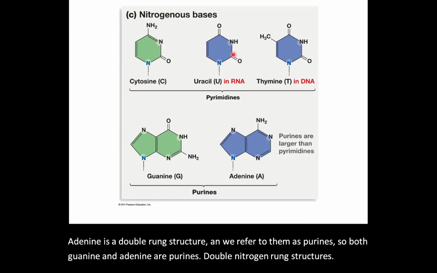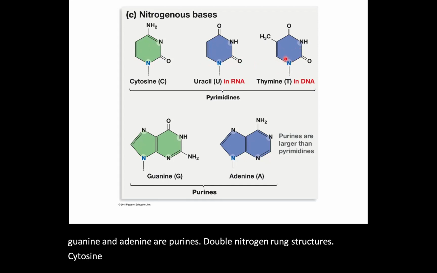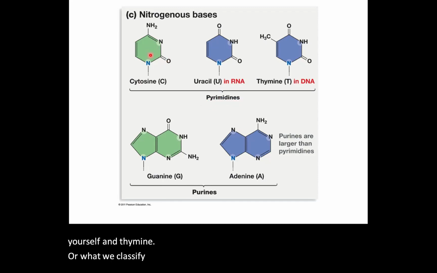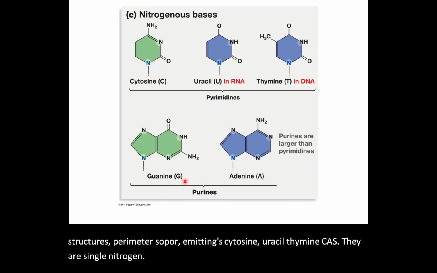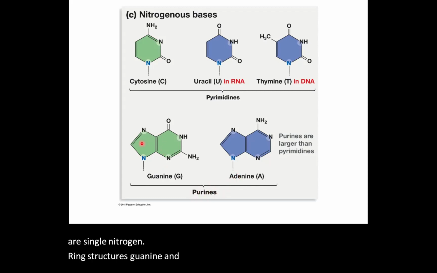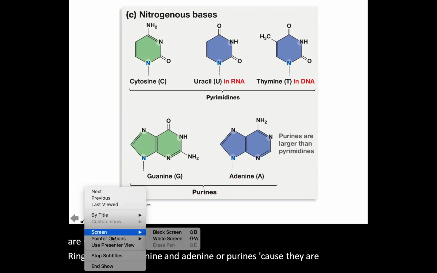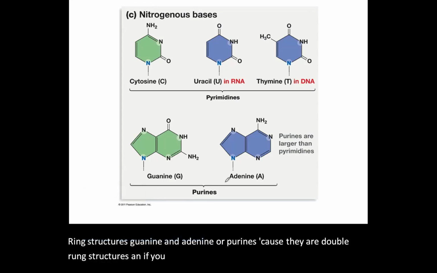Cytosine, uracil, and thymine are what we classify as pyrimidines, single ring structures. Pyrimidines, cytosine, uracil, thymine, because they are single nitrogen ring structures. Guanine and adenine are purines because they are double ring structures. If you pay attention to the color coding, guanine always binds to cytosine.